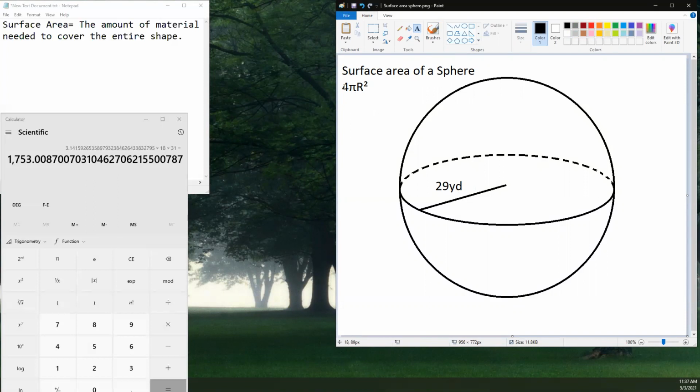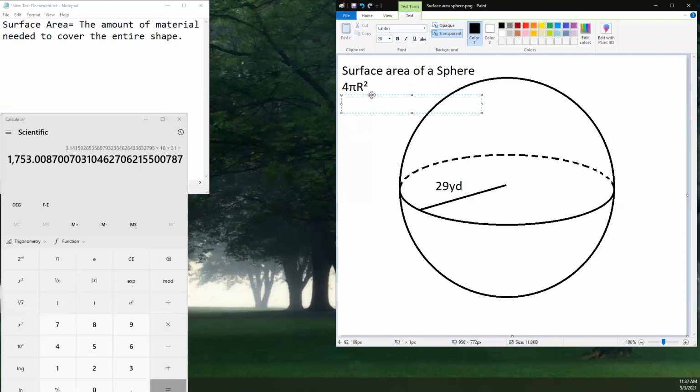Volume of a sphere, 4 over 3 times pi r cubed. And then this is 4 pi r squared. They're so similar that I see students mix them up a lot, and I feel really, really bad. Because you just put in the wrong formula. You did everything else right, you put in the wrong formula, got the question wrong. That's not fair, but it's the way it is.